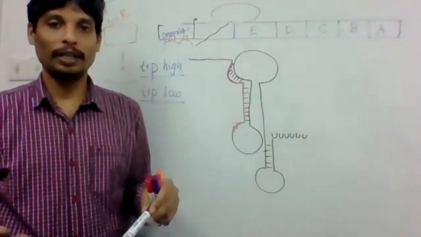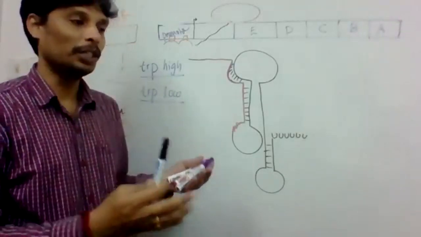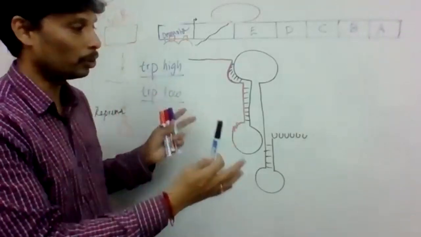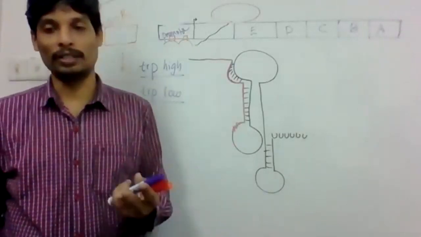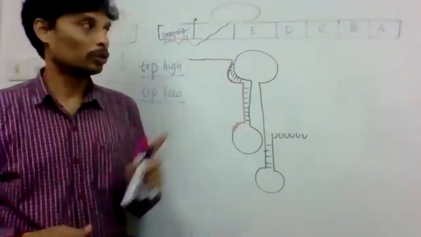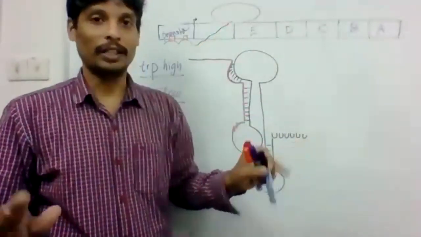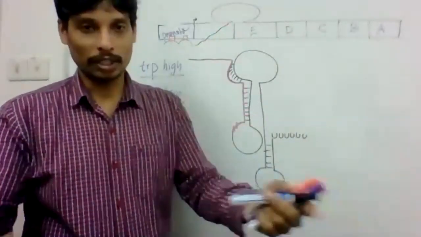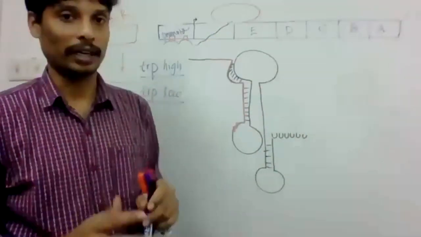So there will be no waiting for the finishing of the transcription and the transport of the mRNA from nucleus to cytoplasm, which you can see in the eukaryotic system. In eukaryotes, all this transcription needs to be finished. Then only it enters the cytoplasm to initiate translation. But bacteria are not like that.